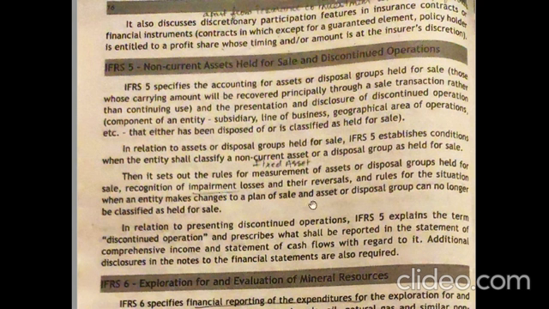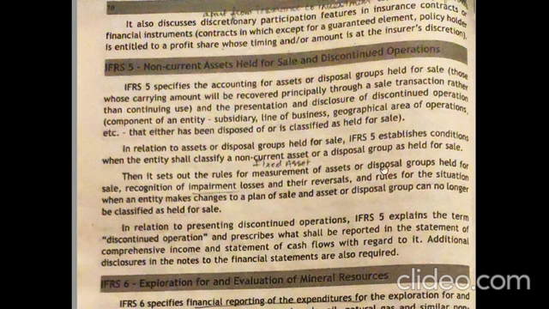So recognition of impairment loss and its reversals, and rules for the situation when an entity makes changes to a plan of sale and the asset or disposable group can no longer be classified as held for sale.